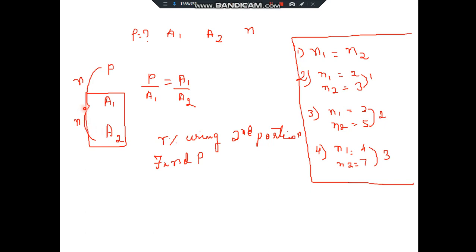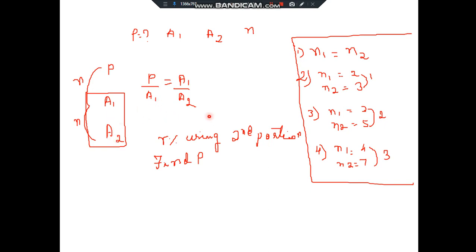In that case how to solve? Just remember the previous thing that we discussed, it maintains a constant ratio, right? So when it is constant we will simply use the concept p by a1 is equal to a1 by a2. This ratio we will follow. I hope you know this, right? So that is the simple concept that we'll use to solve this question.